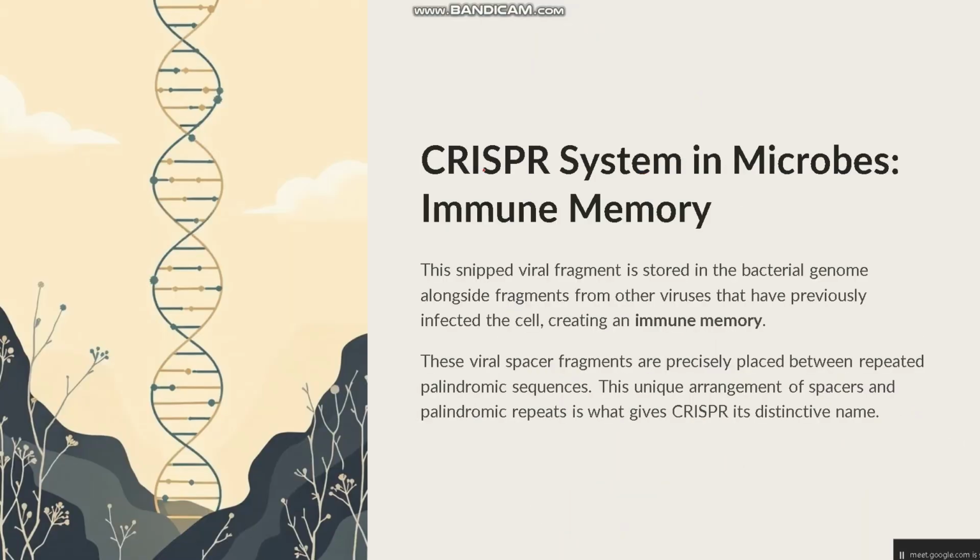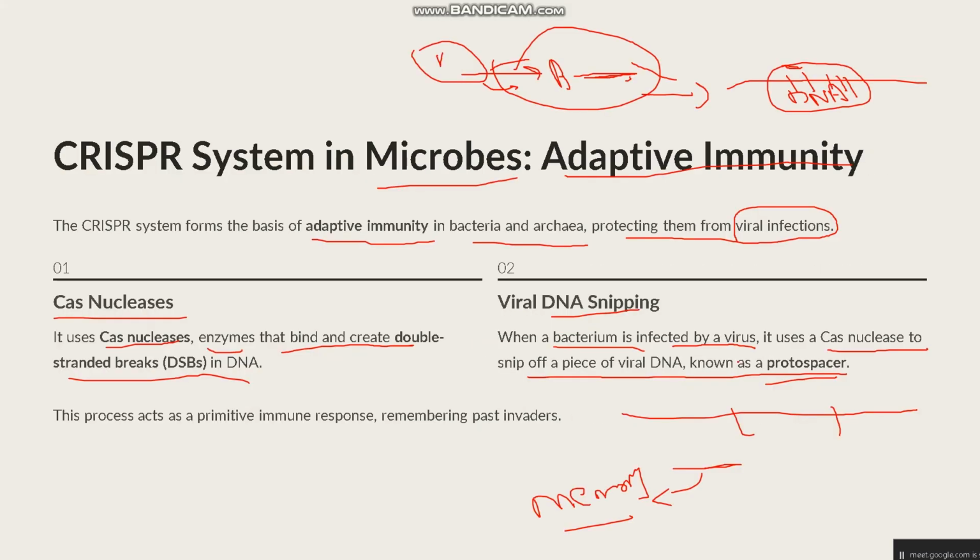So, CRISPR systems in microbes: immune memory. The snipped viral fragment is stored in the bacterial genome alongside fragments from other viruses that have previously infected the cell, creating an immune memory. Here, the bacteria snip off a small amount of DNA from the viral DNA, and that can be used as an immune memory.